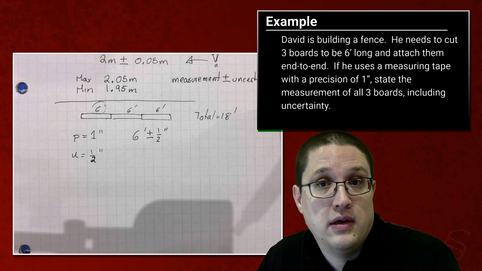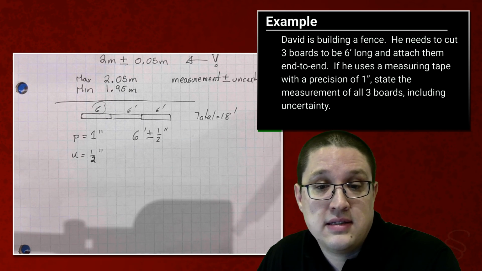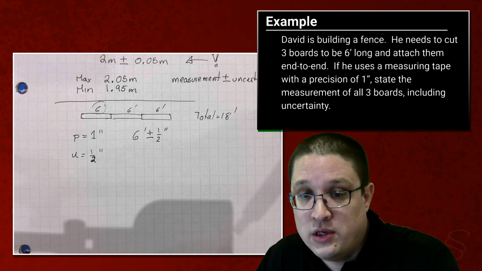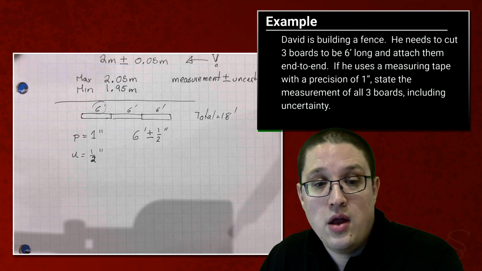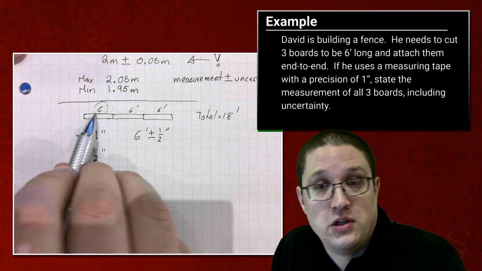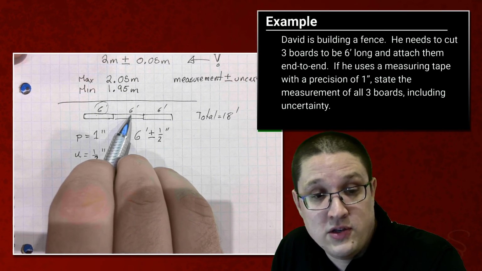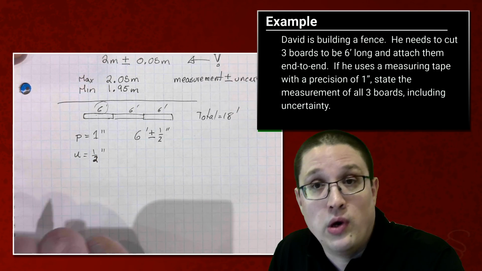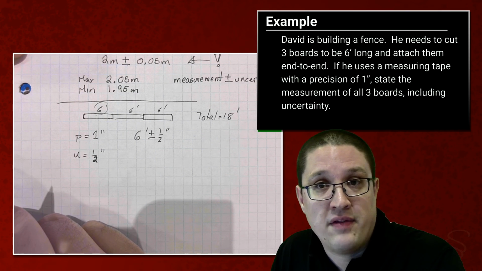All right. When it says state the measurement of all 3 boards, including uncertainty, notice this board here might be off by 1/2 inch. This board might also be off by 1/2 inch. This board might also be off by 1/2 inch.